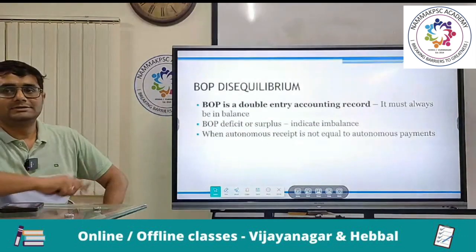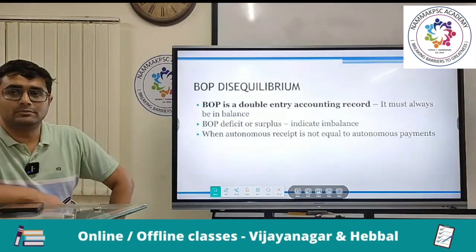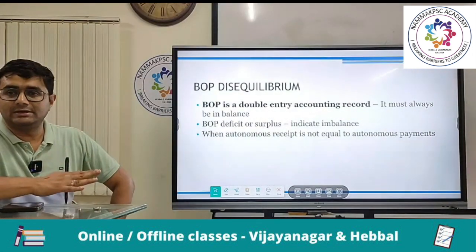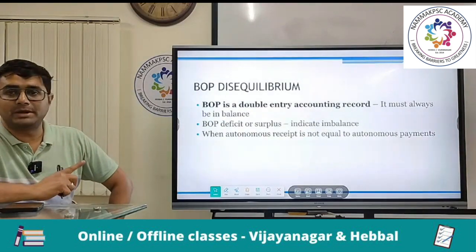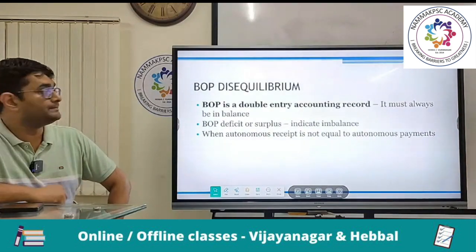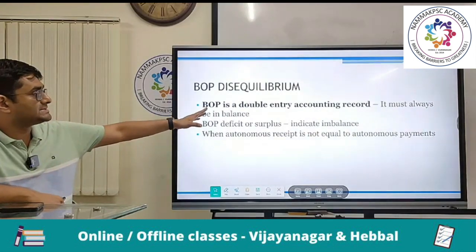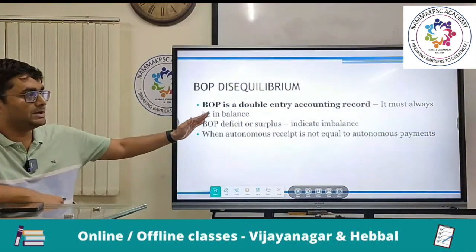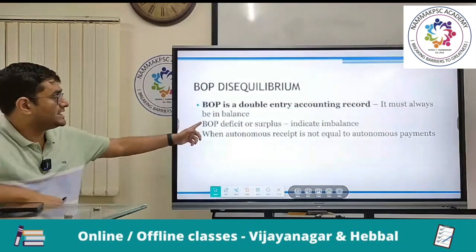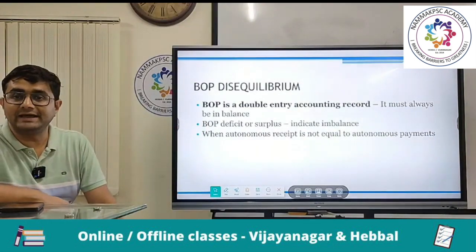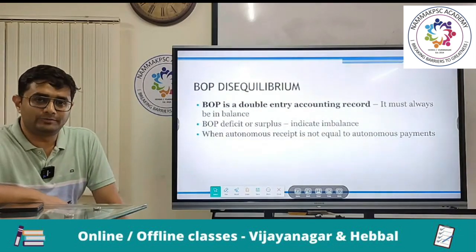This situation where there is imbalance between the inflow and outflow is called balance of payment disequilibrium. Balance of payment is a double entry accounting record. It must always be balanced. So a deficit or surplus indicates imbalance in BOP.